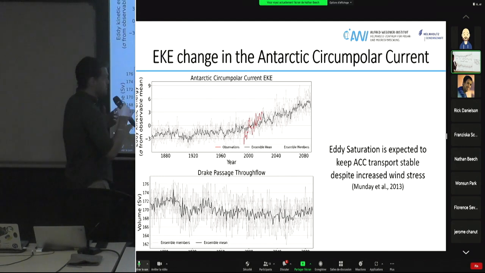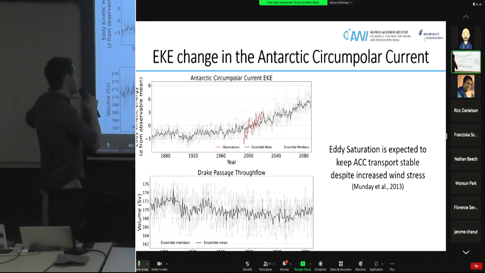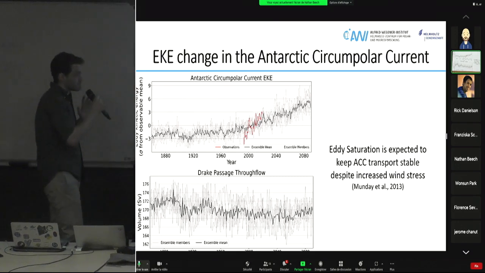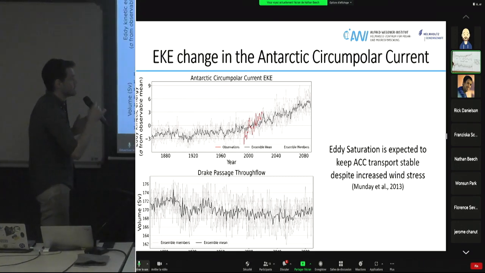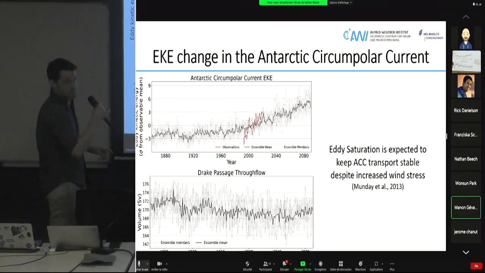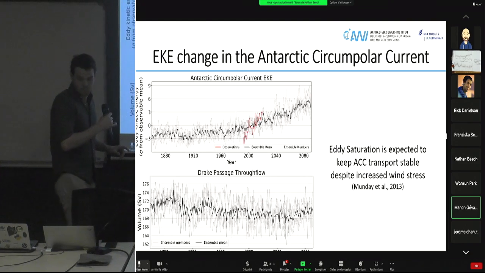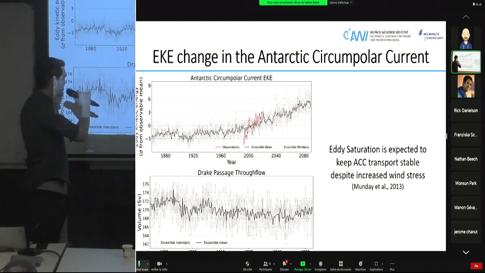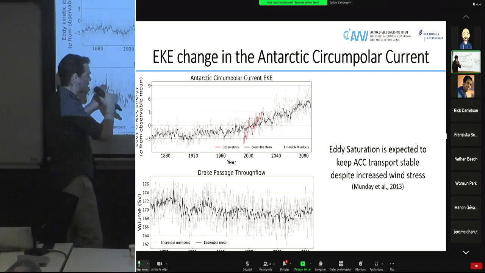And so to investigate that, we looked at volume transport through the Drake Passage, which is not a perfect representation of ACC strength, but is the choke point of the ACC. And so what we find here is that the change is not substantial.